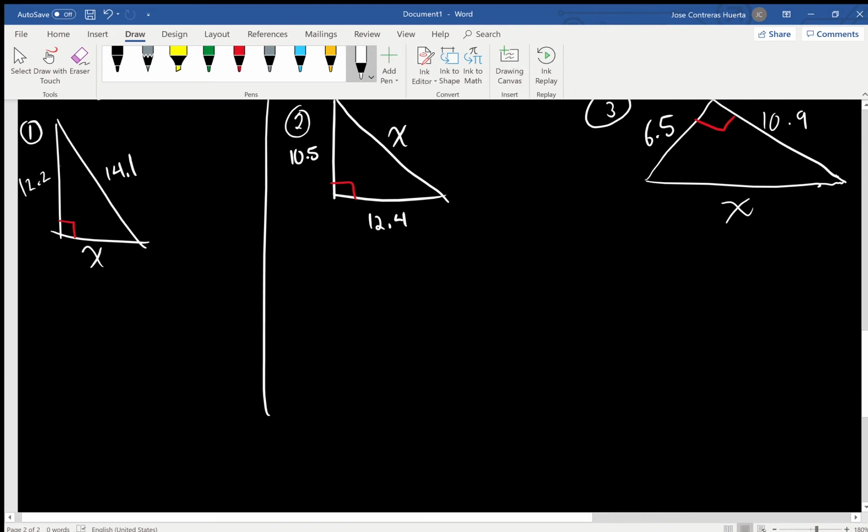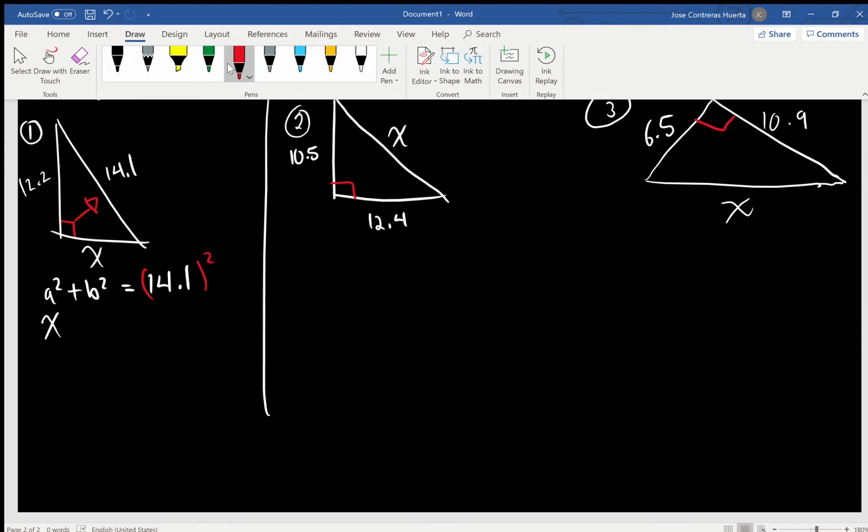So when it's not the hypotenuse, then A is going to be x, or it could be B. It doesn't matter. I'm going to call it A, but you can also let it be B, and it will not change the answer. In this case, we have 14.1 as my hypotenuse because that's the one that's opposite to my 90-degree angle.